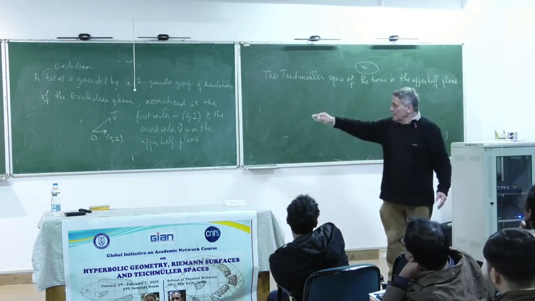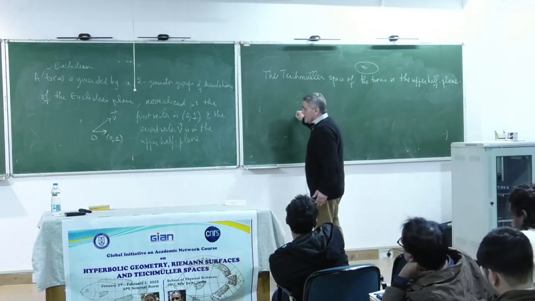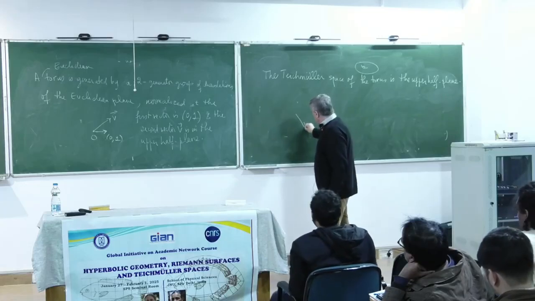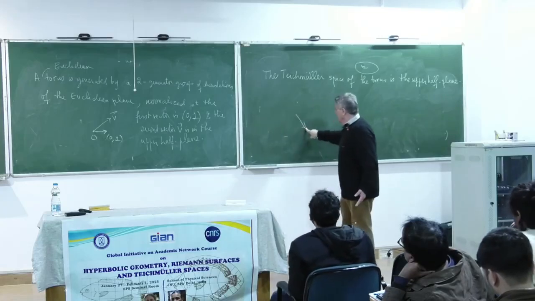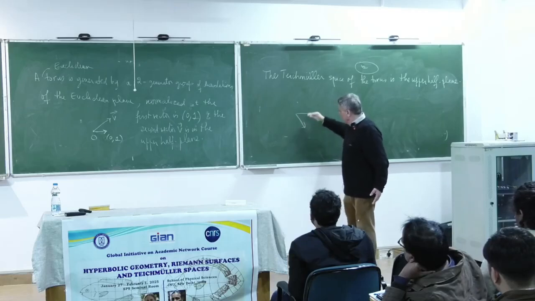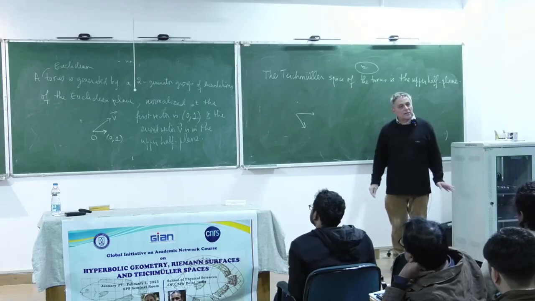Because, you see, instead of saying all this, I can say that I will normalize such that the first vector is this diagonal vector, and the other vector is situated to the right with respect to orientation and so on, right?